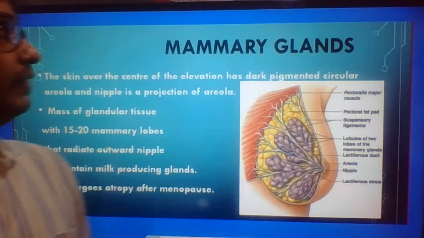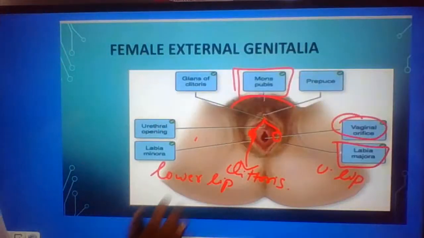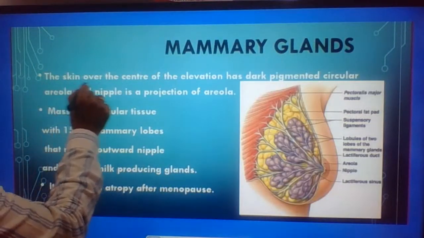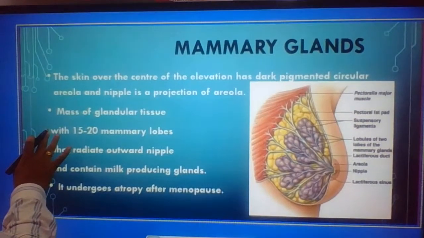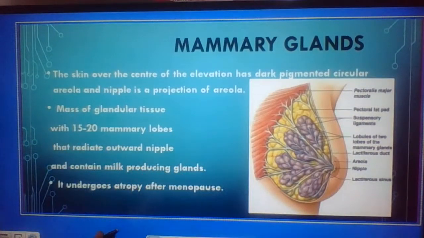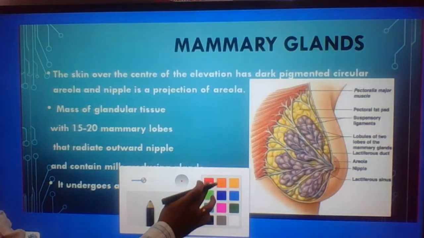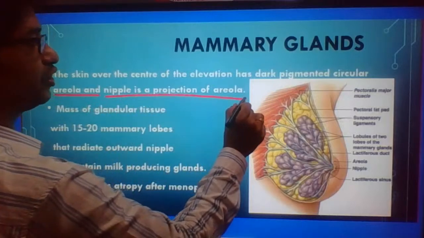Now we'll start with the mammary gland. In the previous part we discussed the female external genitalia. Now coming to the mammary gland. The skin over the center of the elevation has a dark pigmented circular areola, and the nipple is a projection of the areola.